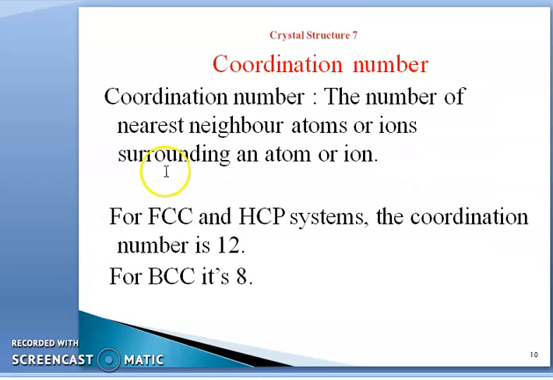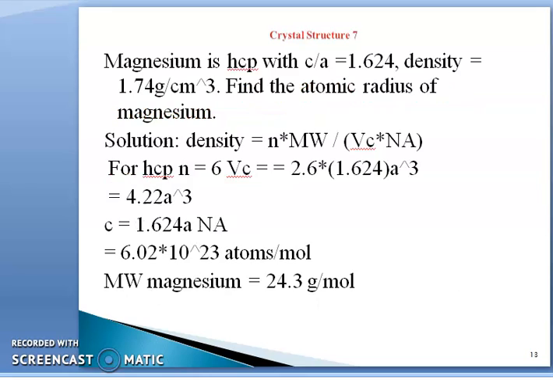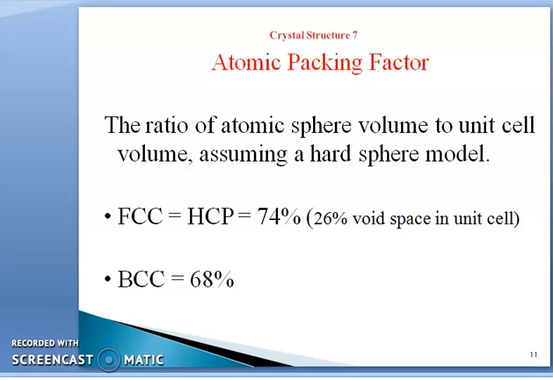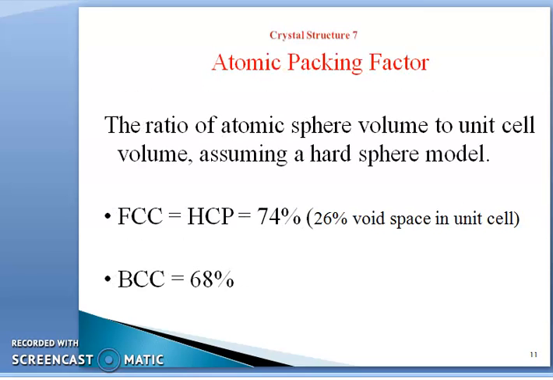So here it is given, void space is how many percent? 26% void space in the unit cell, and for BCC 68% atomic packing factor is given to us.